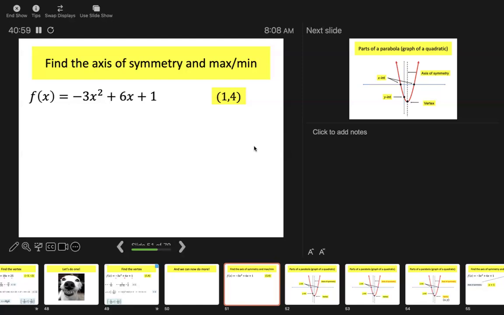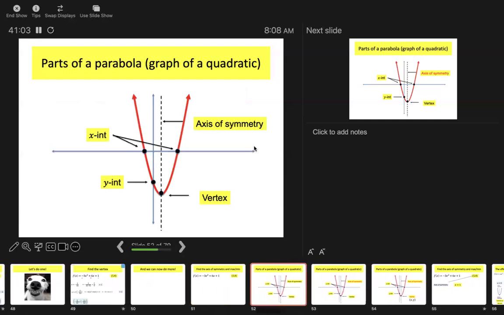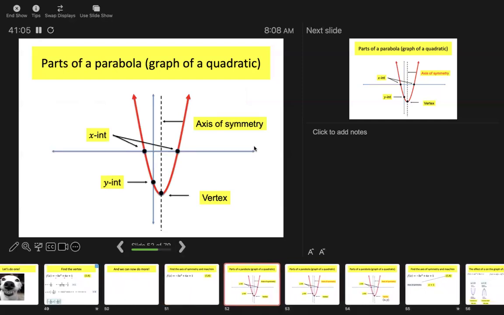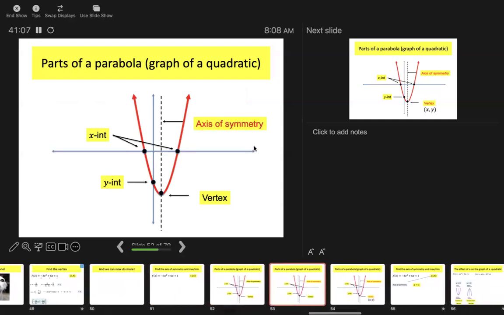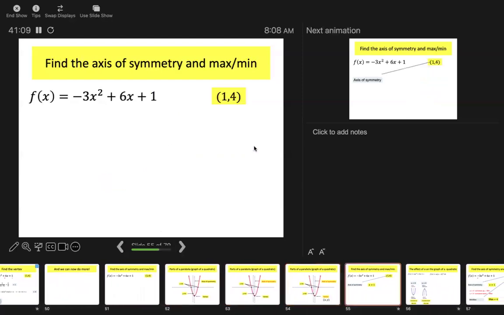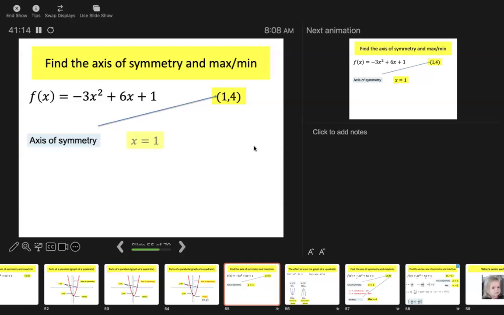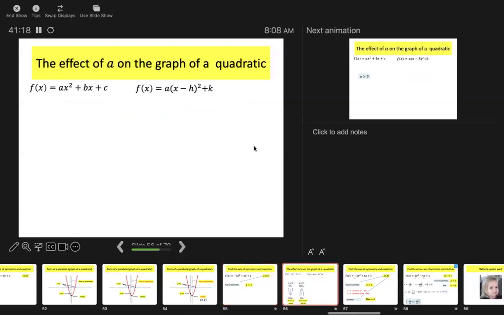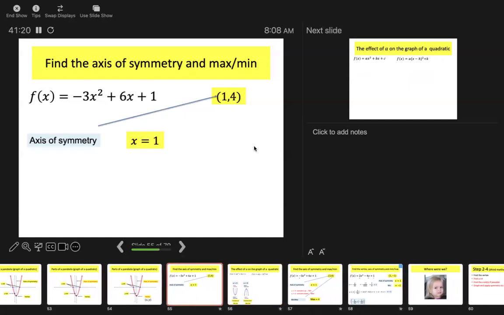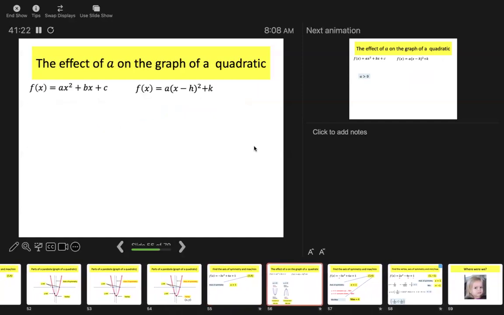So as Jack just said, the axis of symmetry is at x equals 1. Remember, it always happens at the vertex and the x value. And the min or max, we decided this was going to be a max, and the max is at 4. All right, cool. Easy.